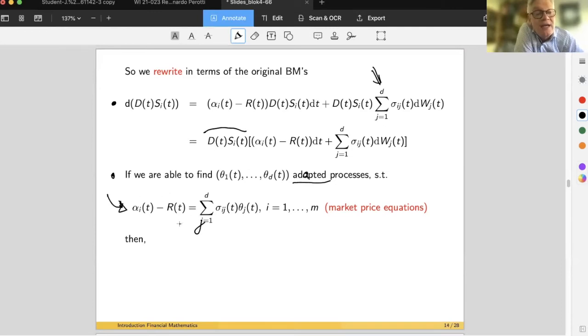So we would like to find this relation, because if we find it, then we are in a good situation. Then we can rewrite this with this sum, and then we can connect this term with this term.